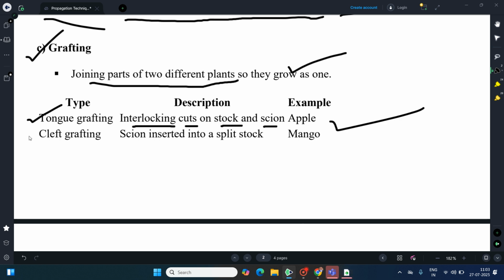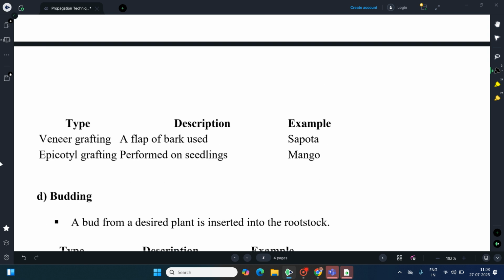Cleft grafting, scion inserted into the split rootstock. Example mango. Veneer grafting, a flap of bark is used for grafting, and example sapota. Epicotyl grafting is performed on seedlings, and example is mango.